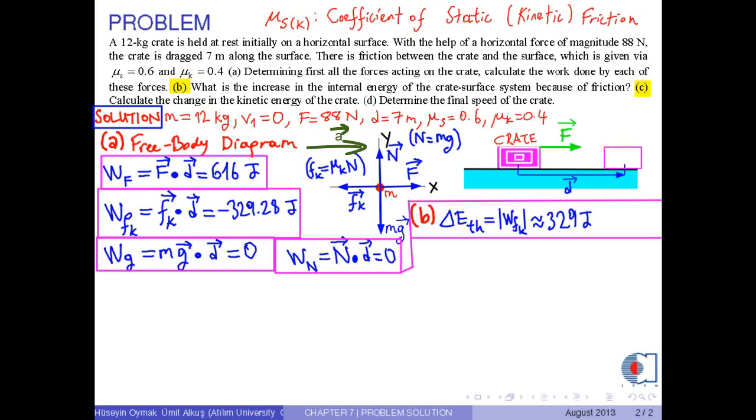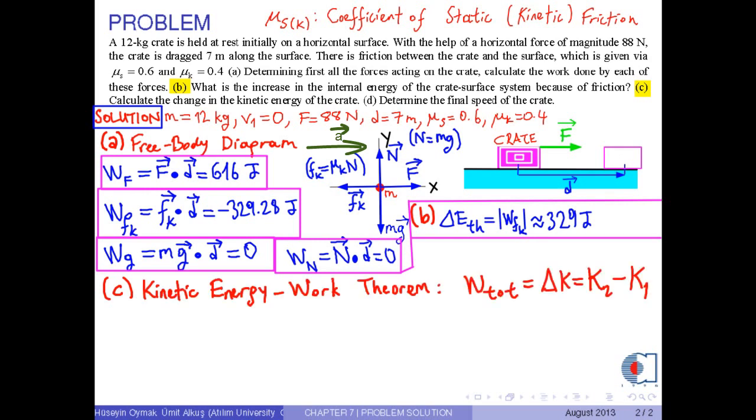C. Calculate the change in the kinetic energy of the crate. Here we can use the kinetic energy-work theorem, which states that total work equals delta K, where delta K is the change in the kinetic energy of the crate. We know that total work is the sum of the works done by each of these forces.